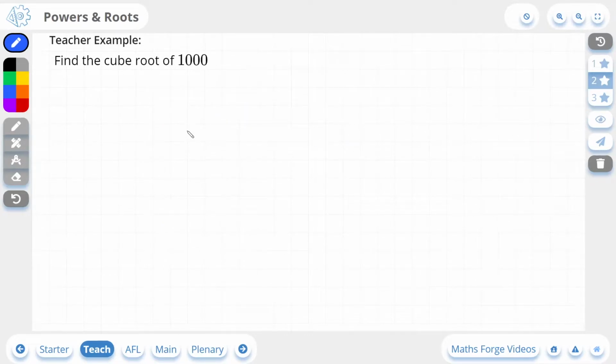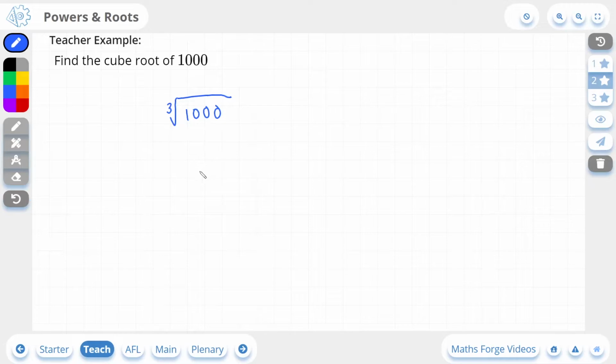We'll do another 2-star question. Here we're being asked to find the cube root of 1000. So the cube root looks like this. It's a square root symbol, but with a 3 just here to the left, which indicates that it's a cubed root, and we place the 1000 inside here like this.